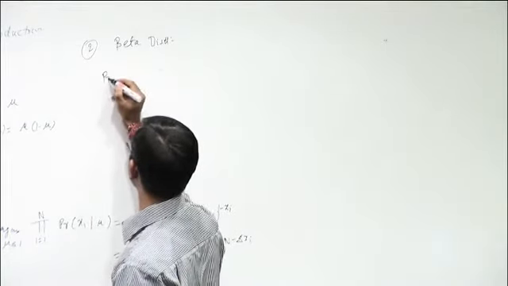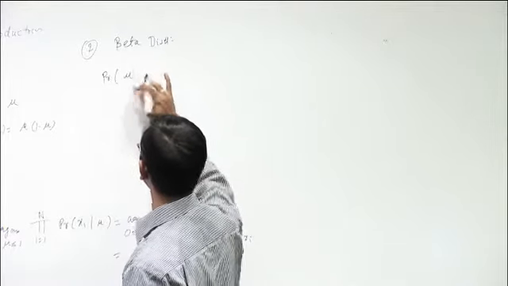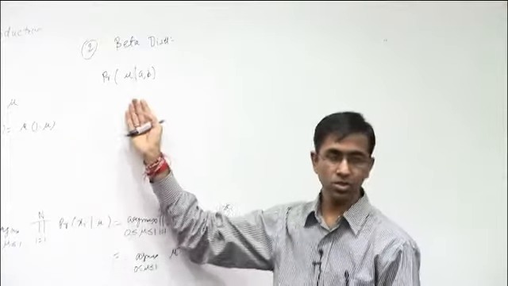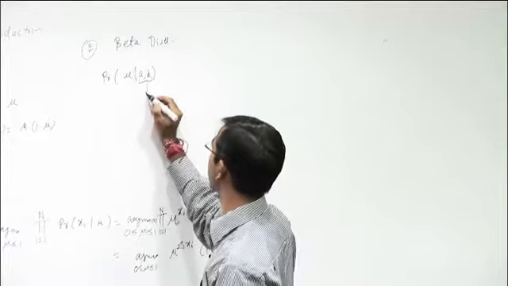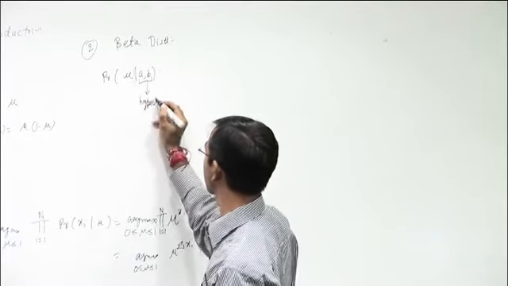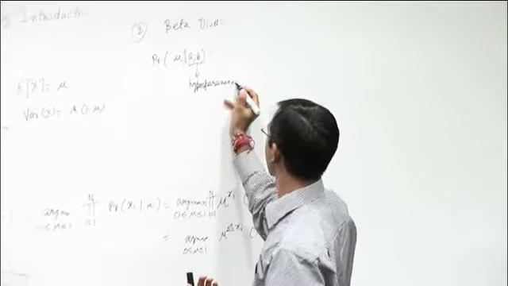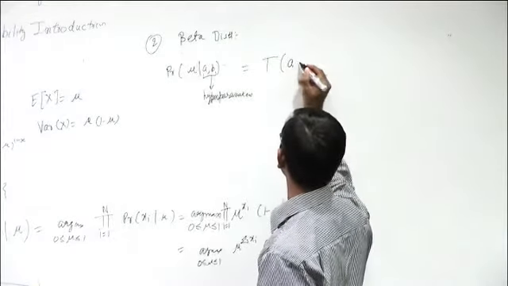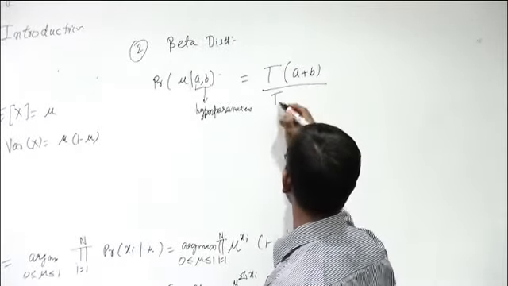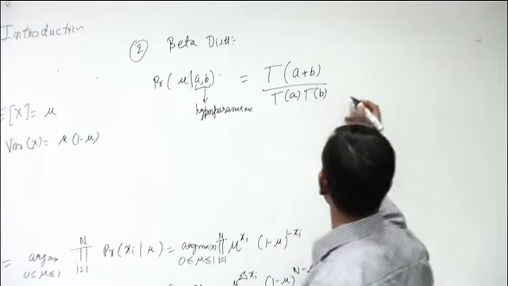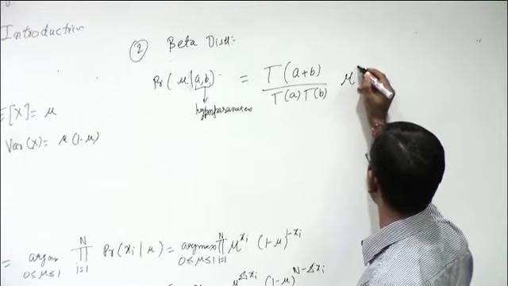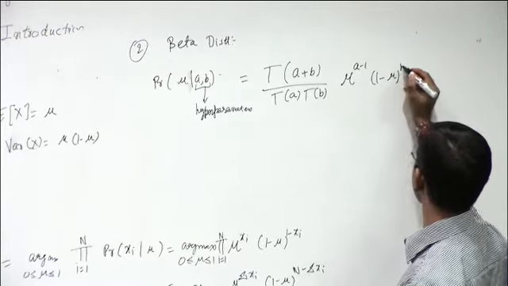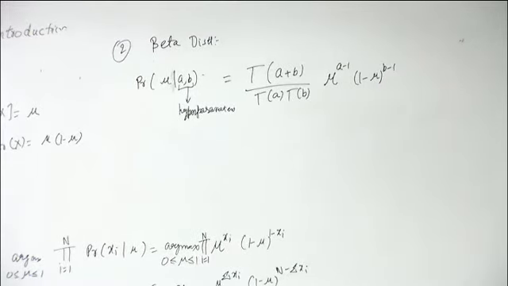It is dependent on 2 more parameters, and since mu itself is a parameter for us, we call these parameters of the beta distribution hyperparameters. It is given by gamma of a plus b by gamma of a times gamma of b, times mu to the power a minus 1, and then 1 minus mu to the power b minus 1.